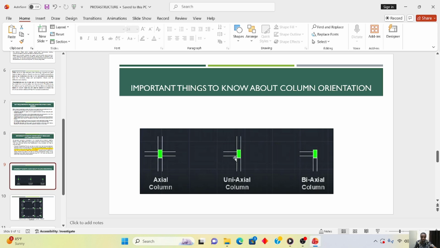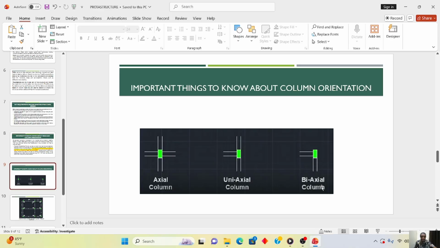Like in this direction, there will be bending on this column, because there is no other beam that can counter the compressive force being exerted by this beam. So there will be bending in this direction. This makes this a uniaxial column. Like I said, a uniaxial column is subjected to loads in three directions and subjected to bending in one direction.